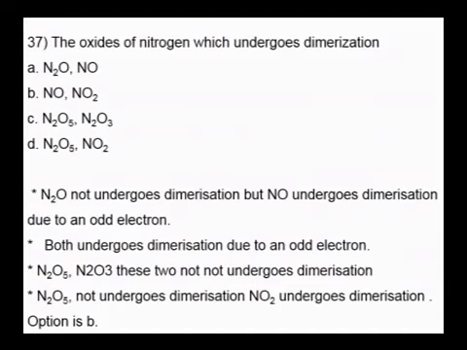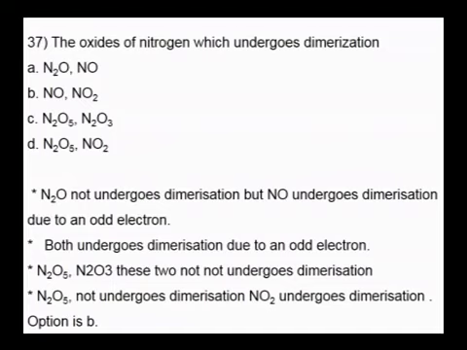Now let us see the 37th question. The oxides of nitrogen which undergo dimerization. Dimerization means two molecules combining with each other to give one molecule. This process takes place when a species has one unpaired electron, or an odd electron.